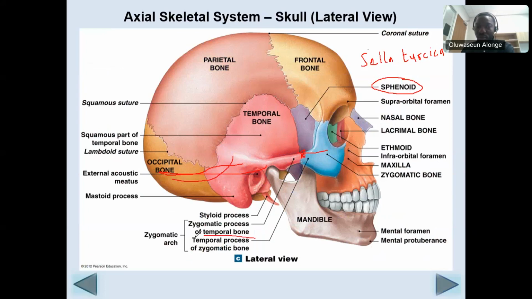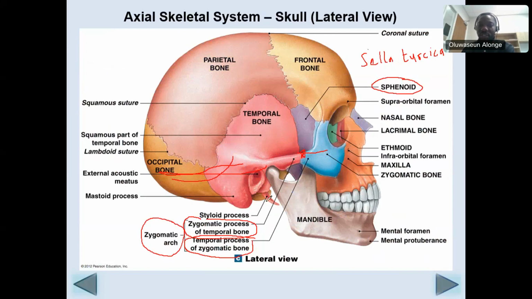And here is a process that continues to the zygomatic bone on the temporal bone. So we call it the zygomatic process of the temporal bone. All right. So these two processes make what we call the zygomatic arch.